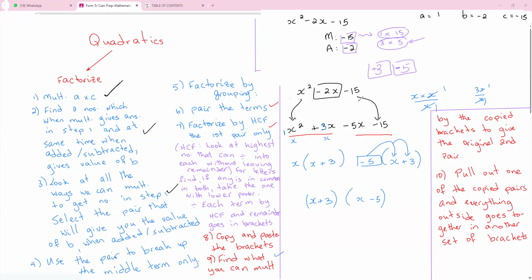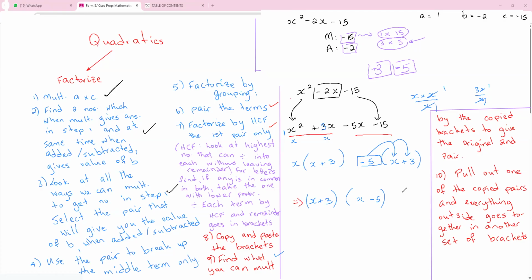Now, if they want you to factorize a quadratic, they will tell you factorize. But if they tell you to solve it, you may be able to choose factorization. And then when you finish factorizing, so I would have completed factorizing this one, we could solve it.